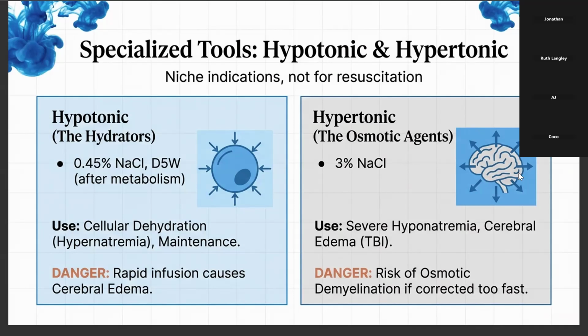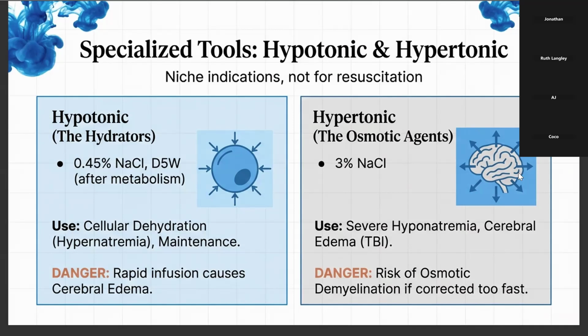With the hypertonic saline, again, we don't see it used very often, probably see it more used in neuro. This is the 3% normal saline. That high salt content drags a lot of fluid out of the cells and into the circulation. It can be used in severe hyponatremia, where the salt levels are low and you're trying to get the salt back into the circulation, or cerebral edema.